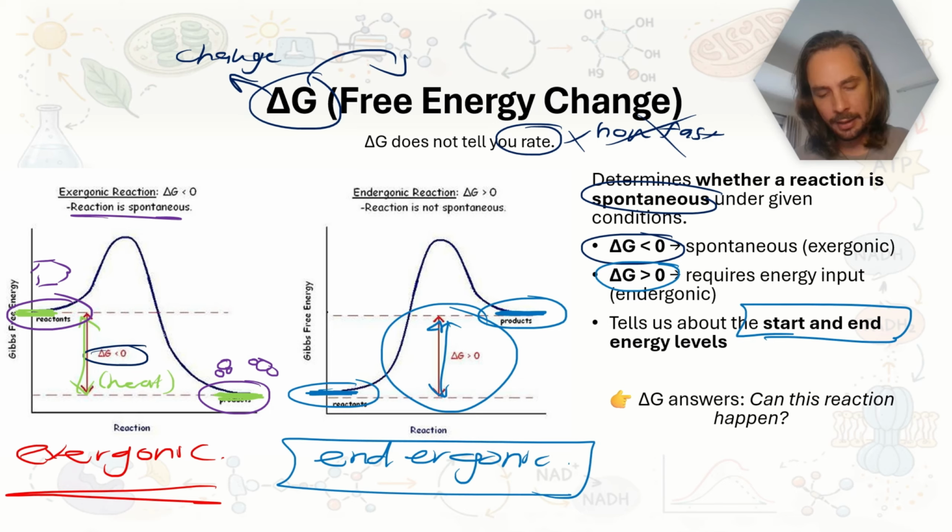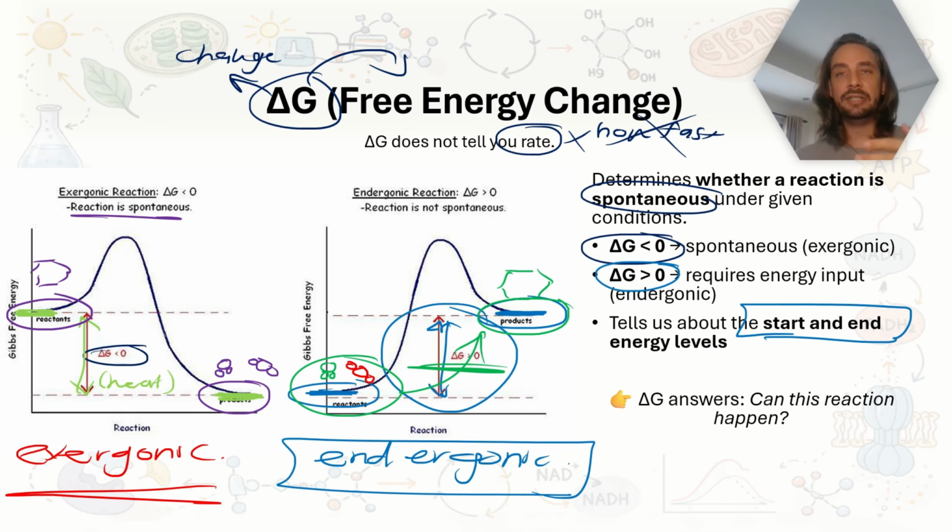On the other hand, it's like taking the reactants, which could be water and carbon dioxide, and changing them into glucose. So these reactants have less overall energy than the product. So it needed energy to reach that point, and that's why we call it endergonic.